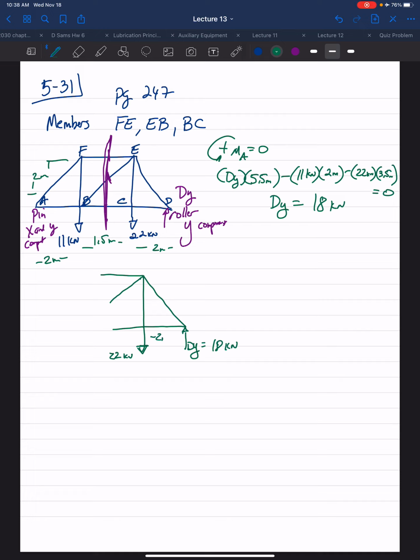This distance here is 2 meters. This height is 2 meters. Okay, so now we have our FFE, which is the unknown force in member FE we have to solve for. We have our FEB. And we have our FBC.